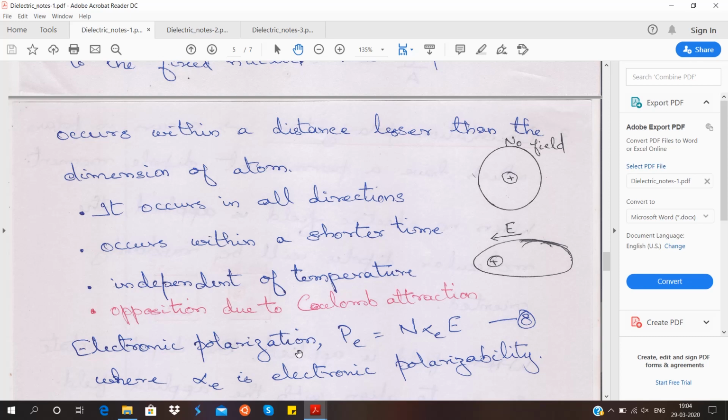So, in case of electronic polarization, I am going to write it as P_E, where E represents the electronic polarization. P_E is equal to N number of dipoles multiplied by alpha_E, which is the electronic polarizability, and E is the electric field. So P_E = N alpha_E E is the representation for electronic polarization.